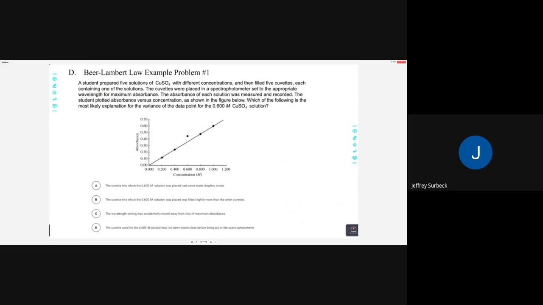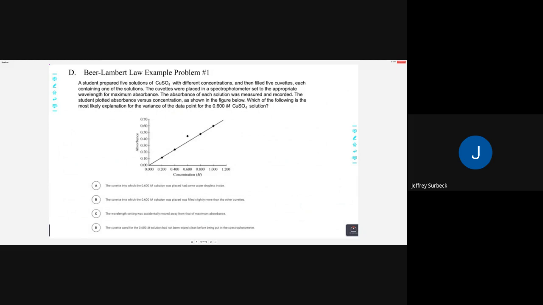Number 2, the absorbance level is a little bit more than it really should be, all right? So based on our options here, option A: the cuvette into which the 0.6 molar solution was placed had some water droplets inside.